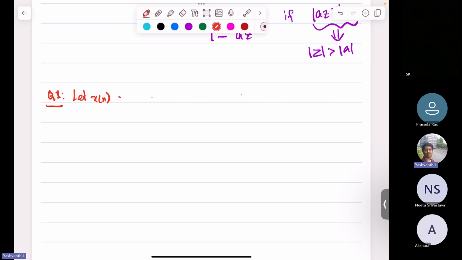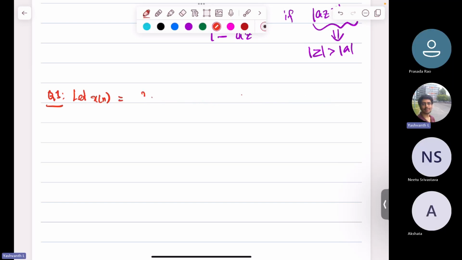Let x of n equal a power n into u of n. Okay, let x of n be equal to a power n into u of n.